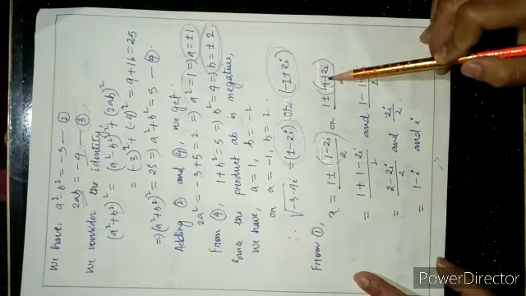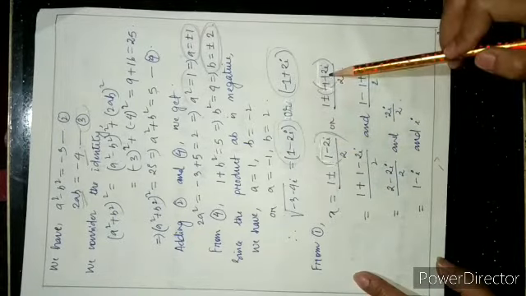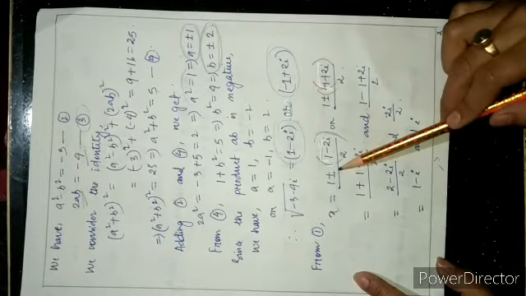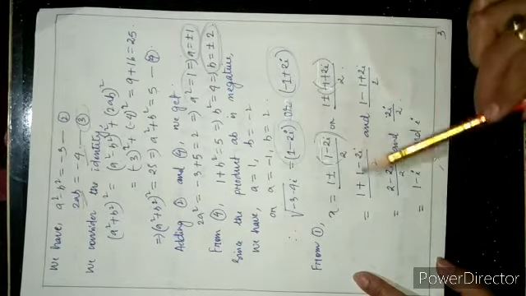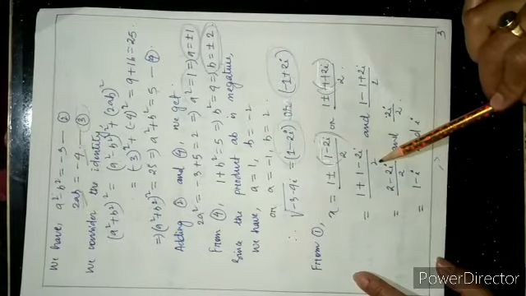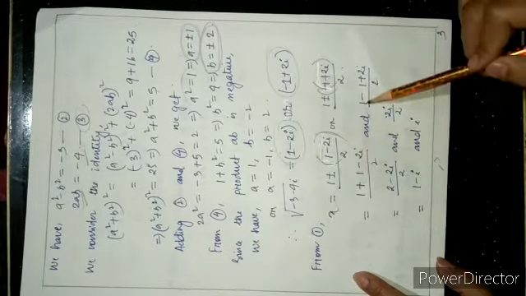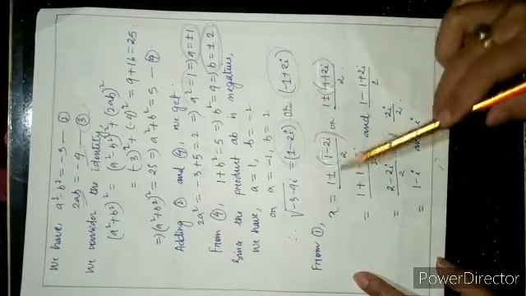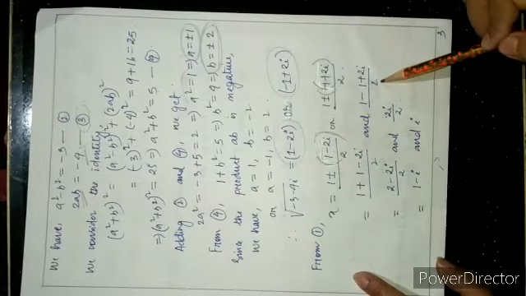For the first part, we take the plus sign: 1 plus 1 minus 2i, divided by 2, and for the minus part, 1 plus minus minus plus 2i, divided by 2.